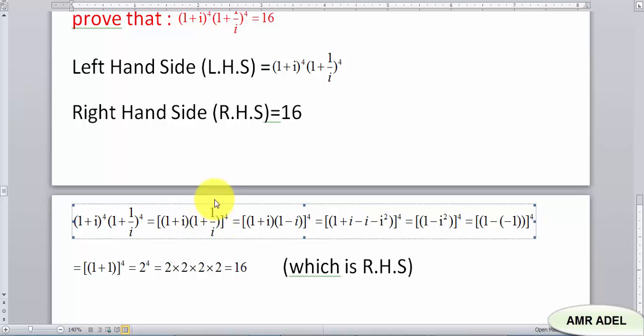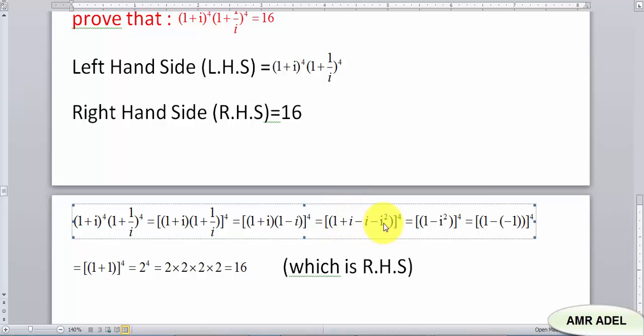Now look at this one. 1 over i, as we did in the previous lesson, is equal to minus i. Directly multiply this bracket by this bracket. 1 plus i multiplied by 1 is 1 plus i. 1 plus i multiplied by minus i is minus i squared. This i goes away with this i.